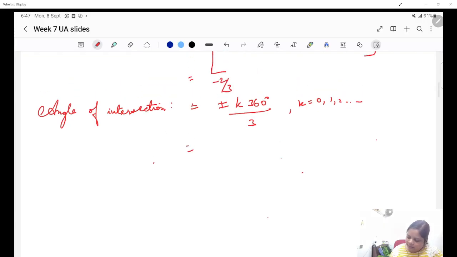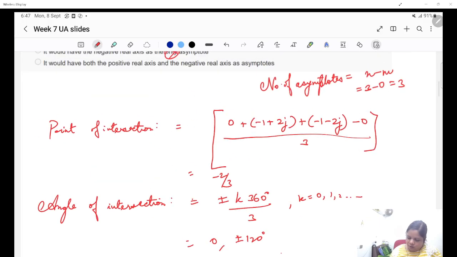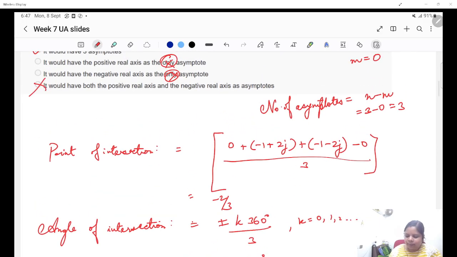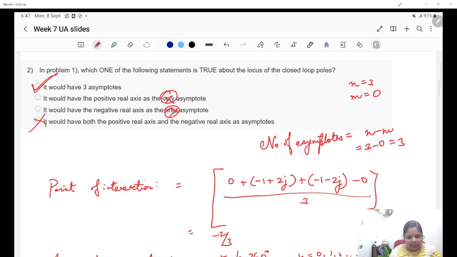So let's put k equal to 0, it becomes 0. Let's put k to be 1, then it would be plus 360 by 3 and minus 360 by 3, which means plus minus 120 degrees. These three are the angles of asymptotes, right? So this option is also incorrect because it won't have any asymptote along the positive real axis and negative real axis. So your answer is A, that it would have three asymptotes.